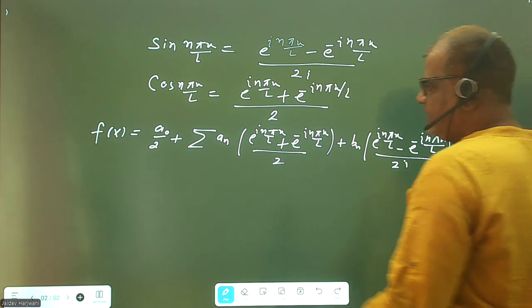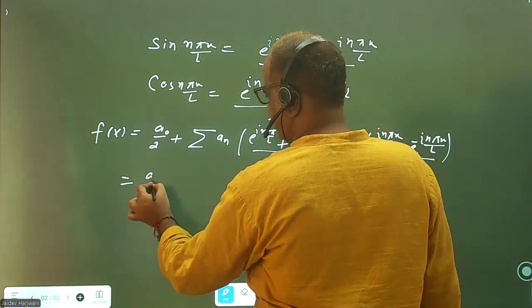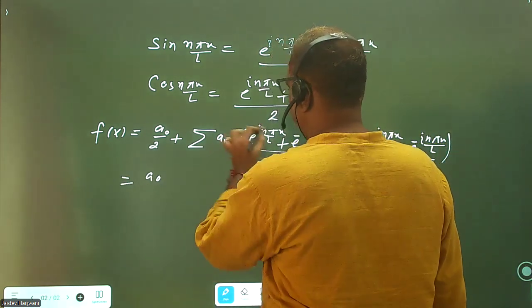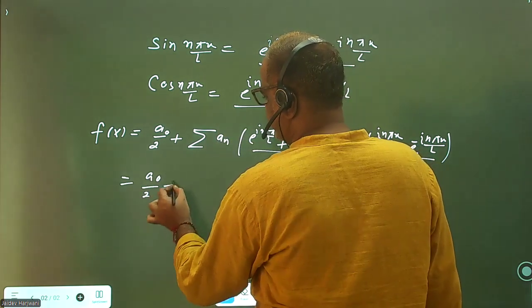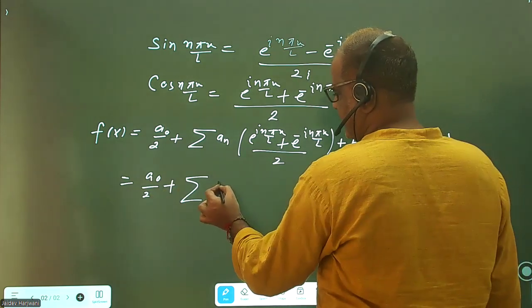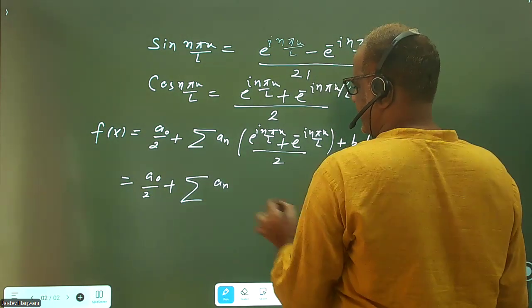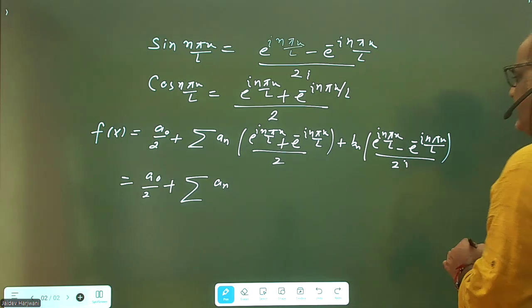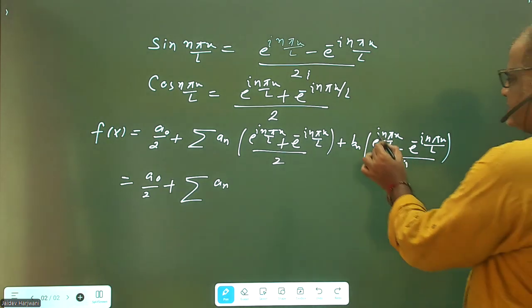Now let me combine this series, the an terms and the e power iota n pi x upon L terms, with a0 by 2. This is my an by 2, and I want this term.